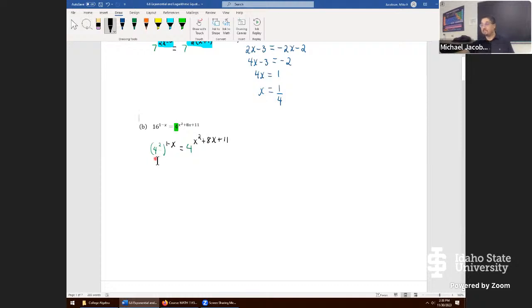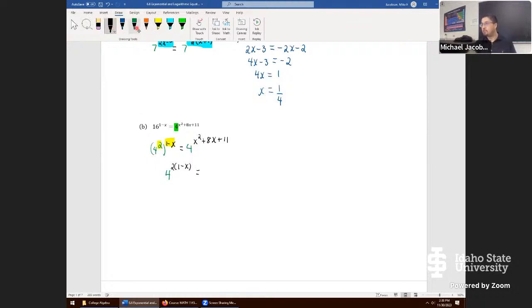At this stage, we're just about done, but let me make that power 2 a little bit bigger. But it's well worth it to take one additional step. On the left, write this in as 4 to the power of 2 times 1 minus x. So once again, the exponent here and here, they just have to multiply in this configuration.